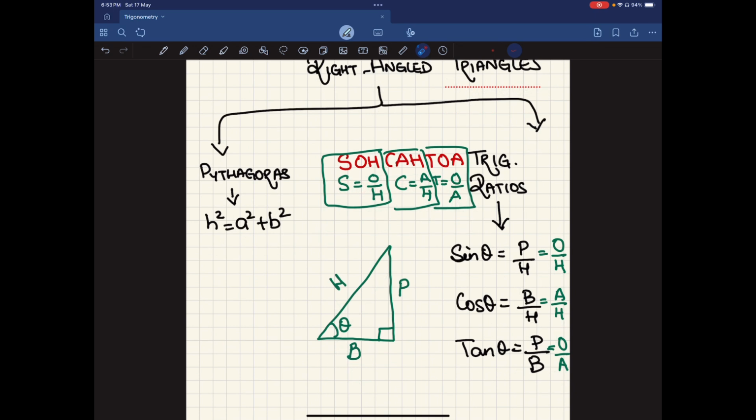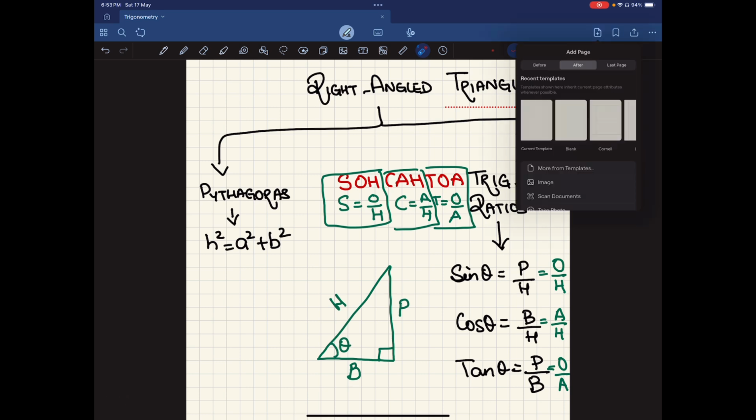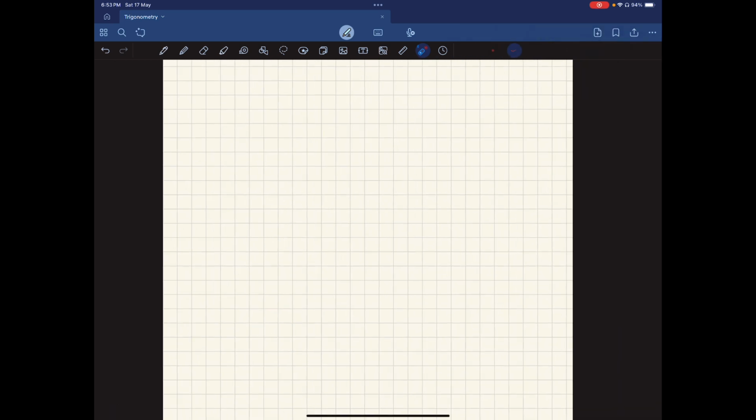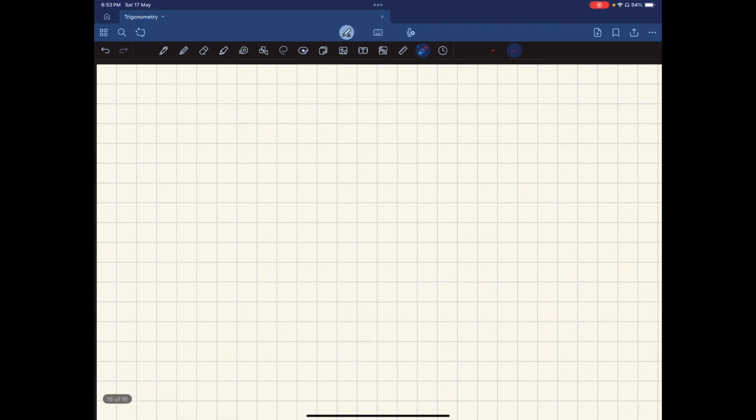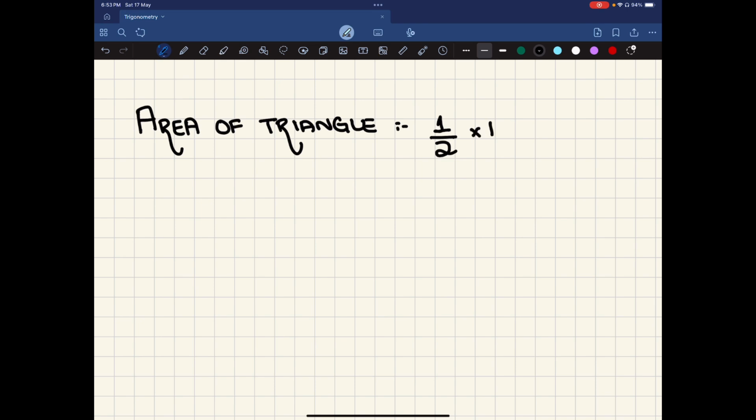Now before moving on to the sine and cosine rule in case of non-right angle triangles, I want to cover one small thing, which is area of triangle. So in mensuration, the formula that we use to calculate the area of triangle is half into base into perpendicular height.